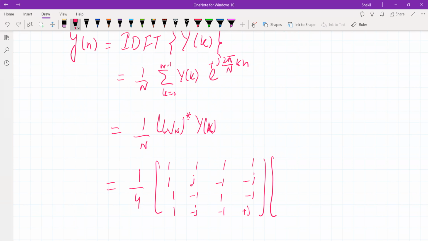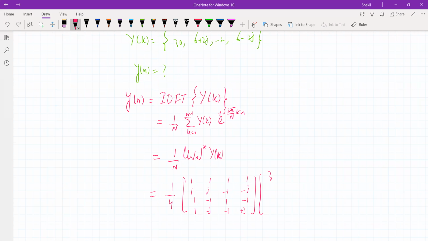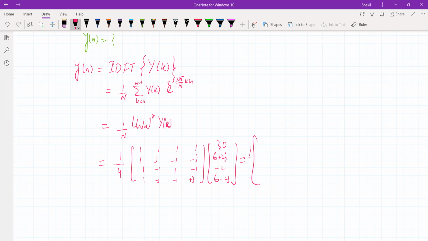And substituting Y of k that we have just derived. What's Y of k? 30, 6 plus 2j, minus 2, 6 minus 2j. Compute it. And there is 1 by 4 also here. So the first term will be 30 plus 6 plus 2j minus 2 plus 6 minus 2j.